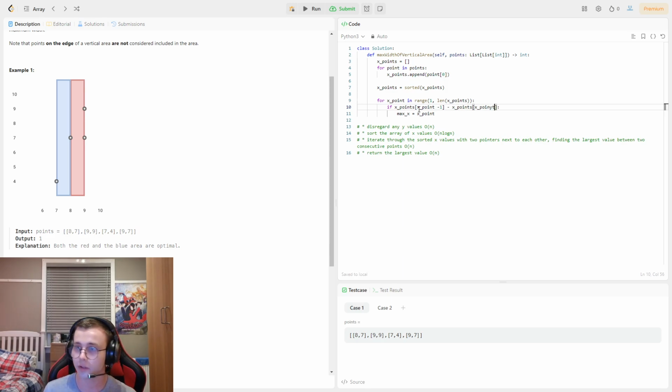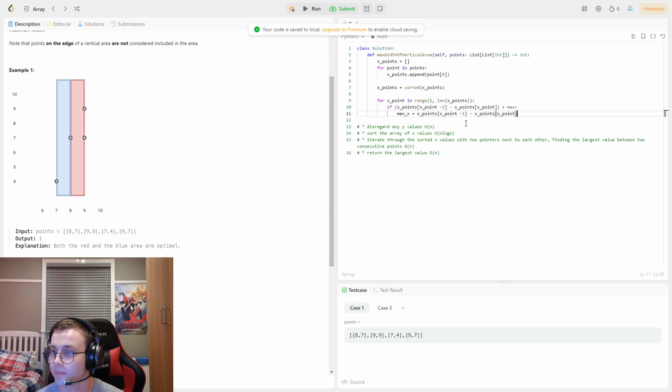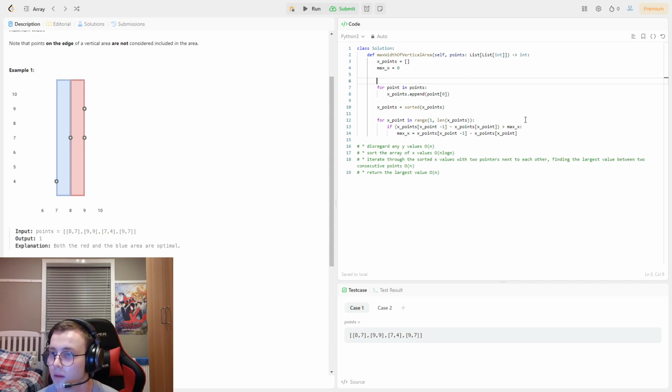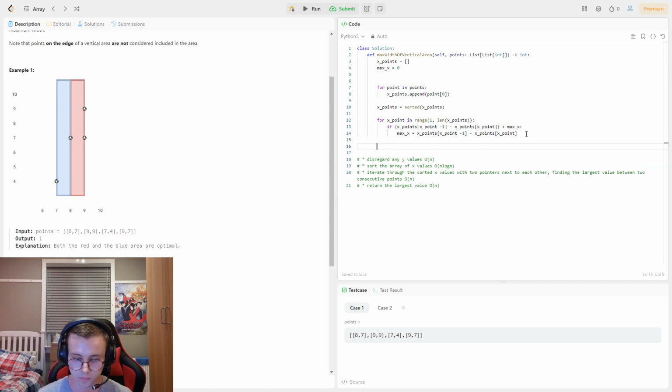So this is going to find the difference between 2 points. So if this is greater than the max, then the max is equal to this. Okay. Max_x. And then we're just gonna return max_x.